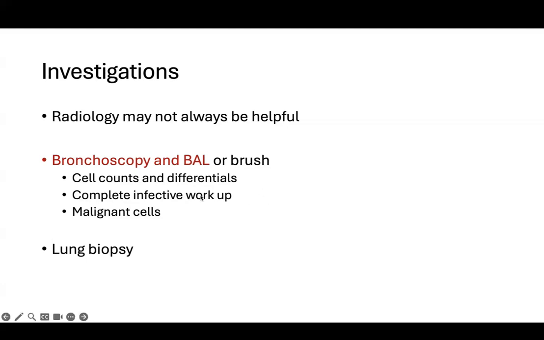Sending good minibal samples, maybe 1, 2, 3, 4 times, however many times you can, will actually help get the diagnosis. We've gotten a lot of minibal eosinophils positive also, which has been very helpful for us in diagnosing. And like I said, lung biopsy can be done as a last Hail Mary in patients who have non-improving ARDS.